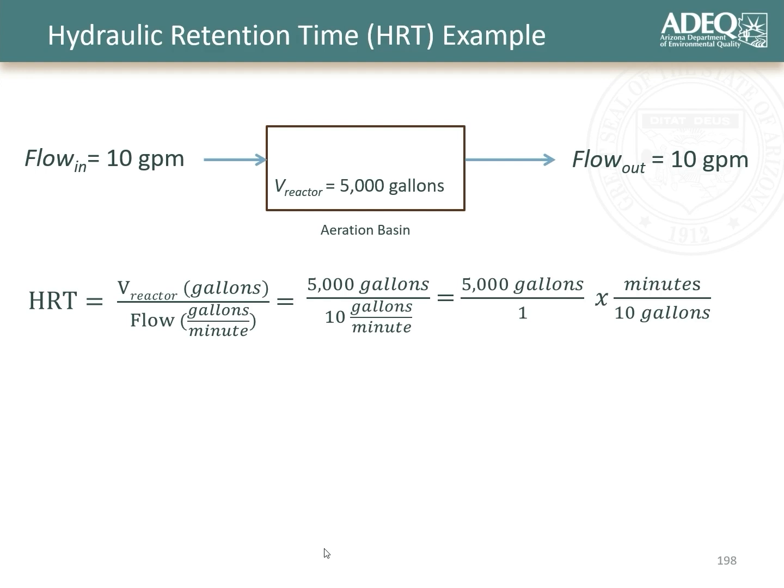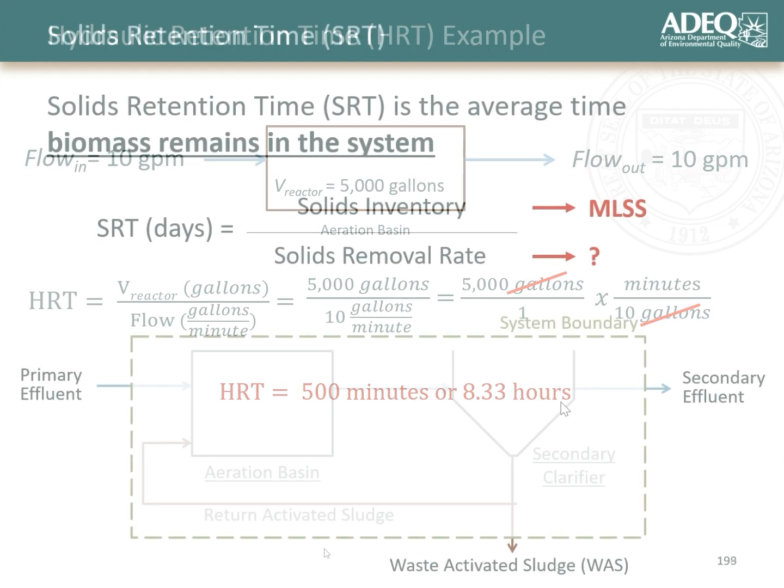So when you do the multiplication version of this, the minutes that's on the bottom of the gallons per minute goes at the top, or the numerator side of the fraction, and the gallons stay at the bottom. It's just a basic math principle. The nice thing is that the gallons cancel each other out, and the only units left are minutes. So when we solve this, we take 5,000 divided by 10, and we're left with 500 minutes or 8.33 hours.